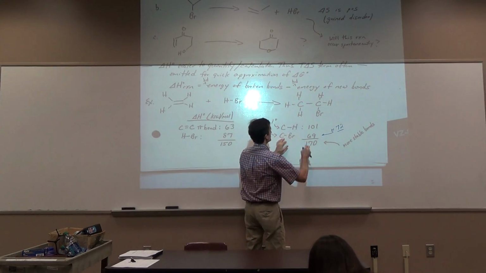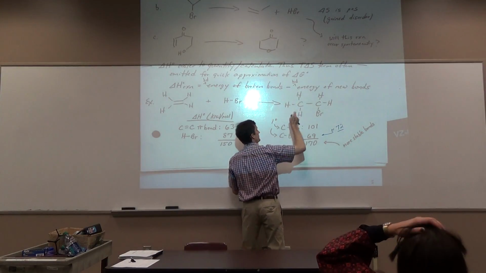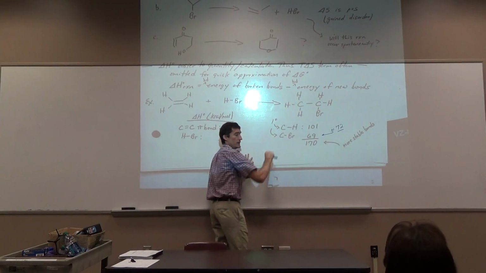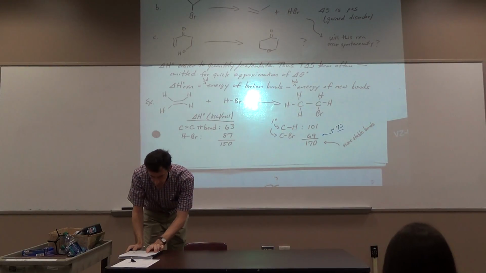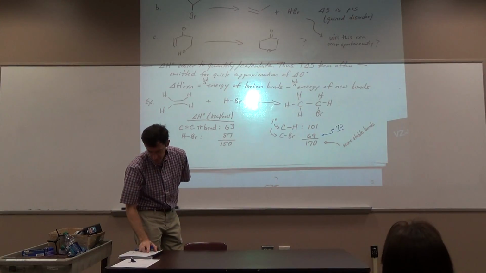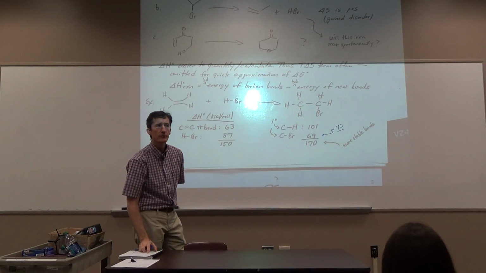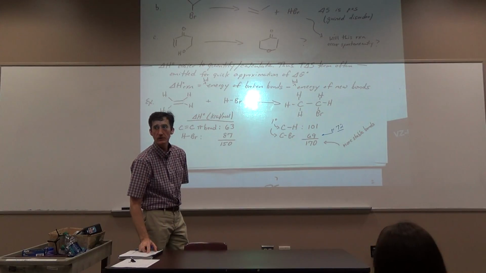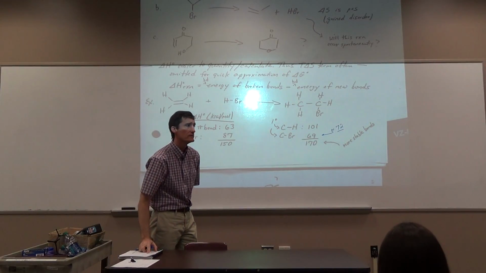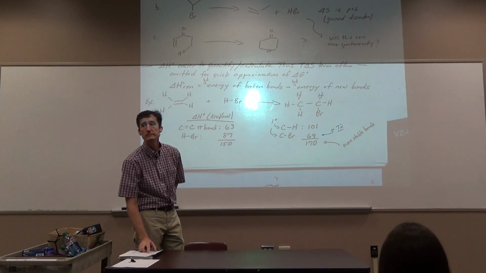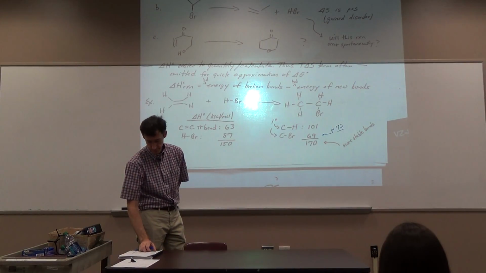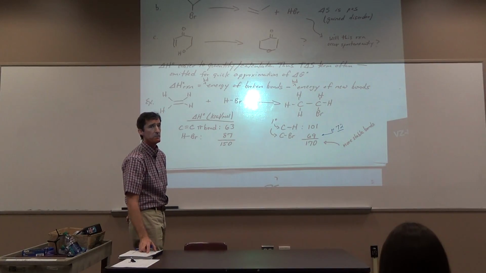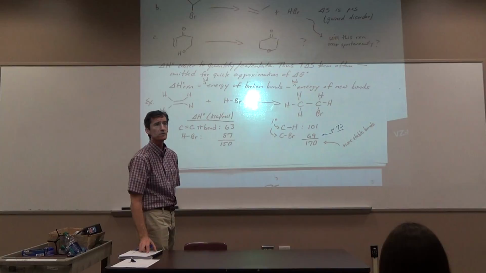Does everybody agree that we've also made a new CH bond? That's what we made here. And the carbon is primary. And if you look on the front, what value does the table give for a primary CH? Is it 101 or is it different? Primary CH. A methyl H is not a primary CH because a methyl is not considered primary.